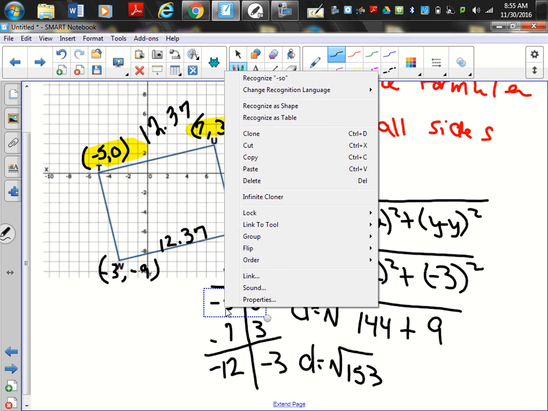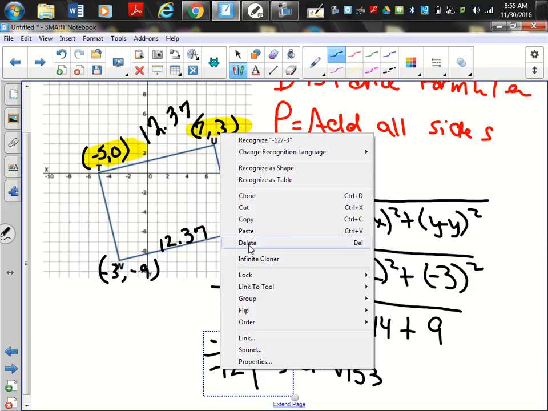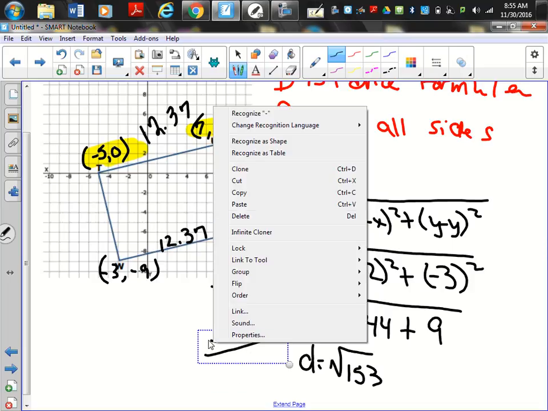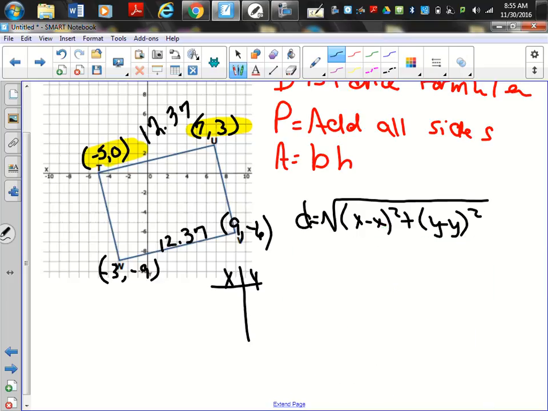Alright. So I'm going to start. Same process. I'm going to use -5, 0 and negative 3, negative 9, because I have to get the distance of that line segment.